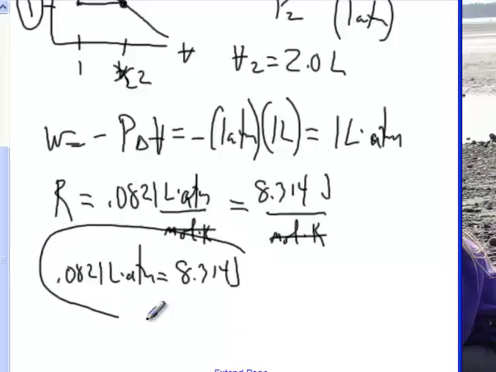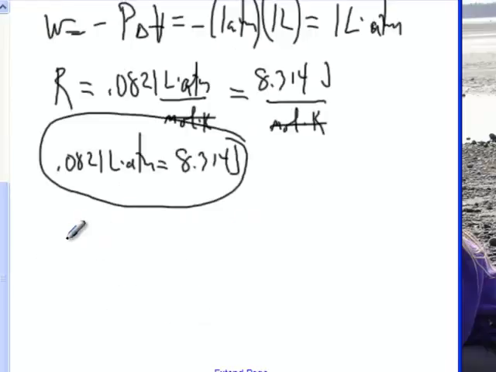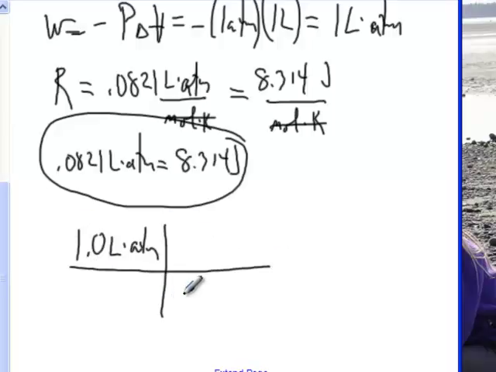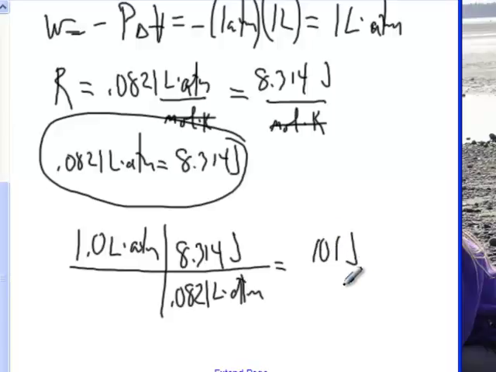So that makes a conversion factor that we can use in changing liter atmospheres into the more familiar unit of joules. So let's do that with our quantity. We had 1 liter atmosphere, and we're going to multiply by this conversion factor of 0.0821 liter atmospheres equals 8.314 joules, and what we'll get is 101 joules.